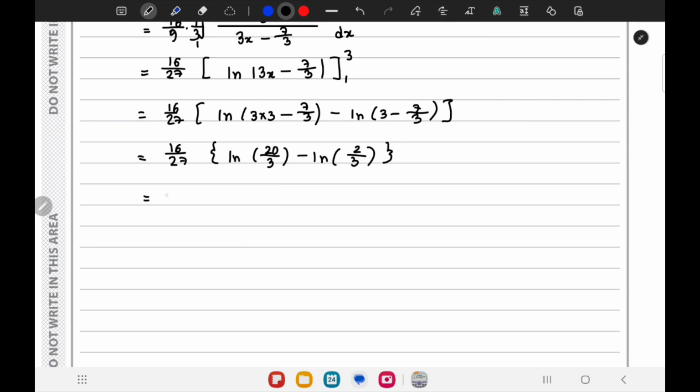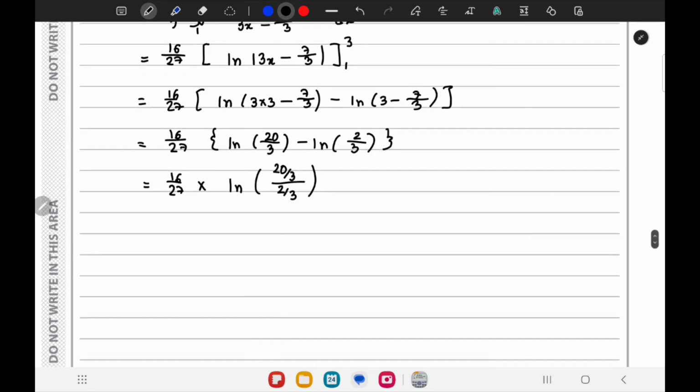So 16 by 27 times ln, we'll take all of it inside a single logarithm. So 20 by 3 divided by 2 by 3, which is 10. So we'll have 16 by 27 ln 10. So this is lambda. So lambda is 16 by 27.